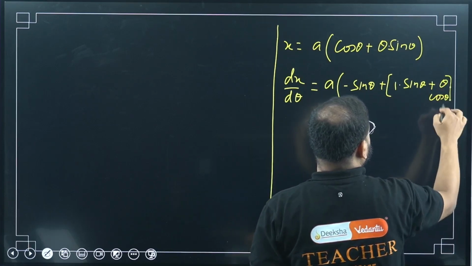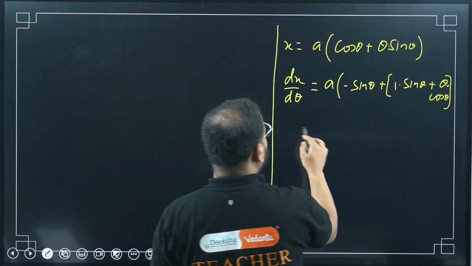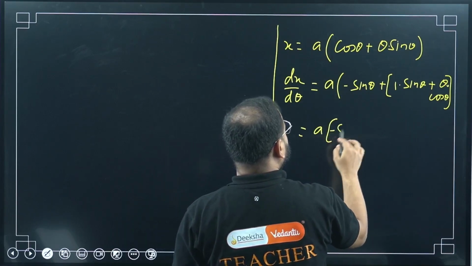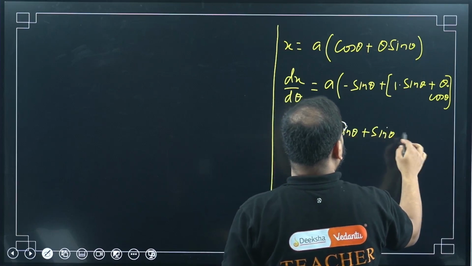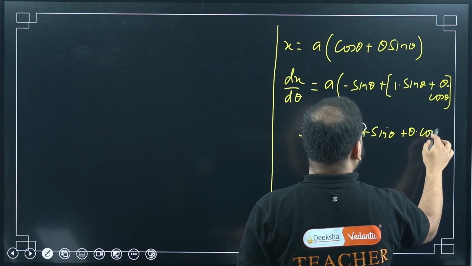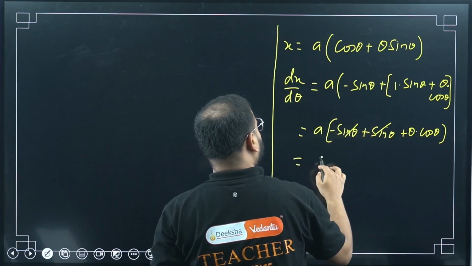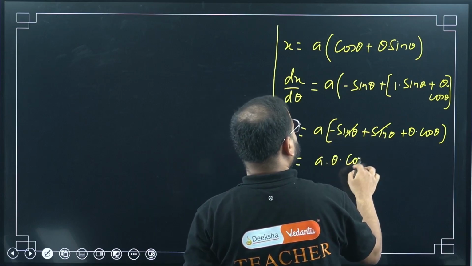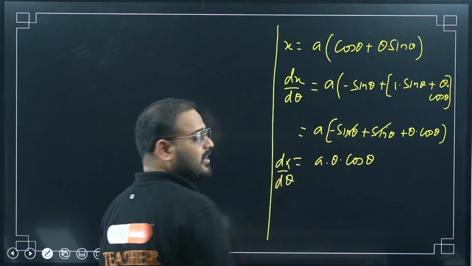This is multiplication. So what I'm going to get? A times minus sin theta plus sin theta plus theta cos theta. Yes or no? Please check. What I'm getting is a theta cos theta as my dx by d theta. What have they asked us to find?